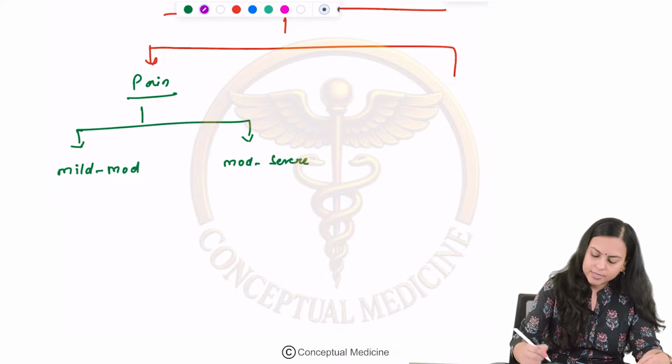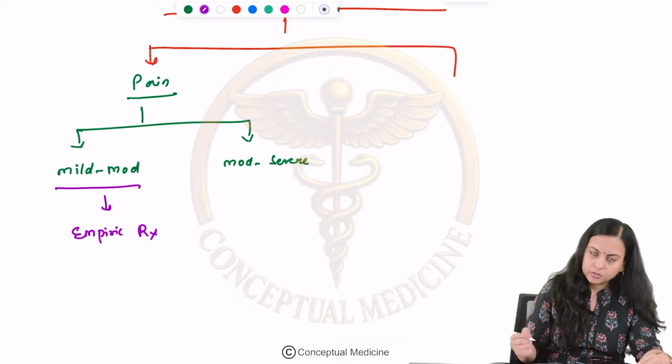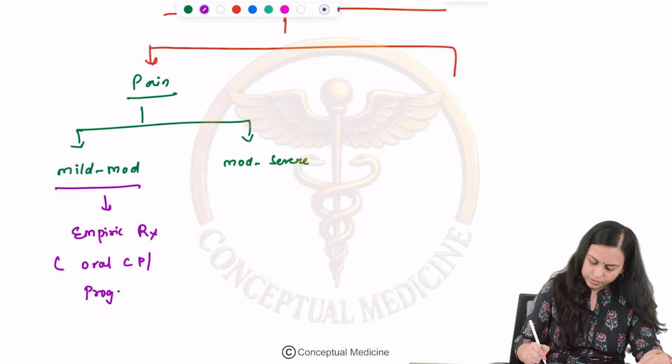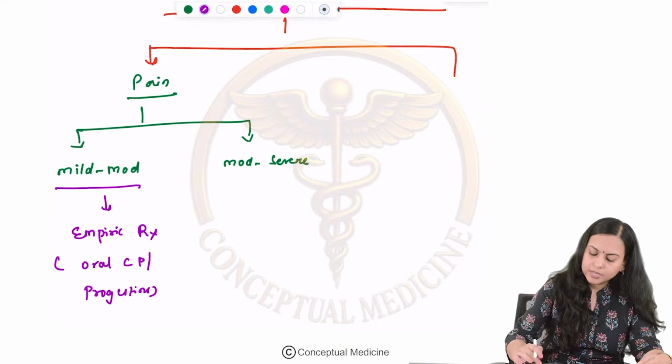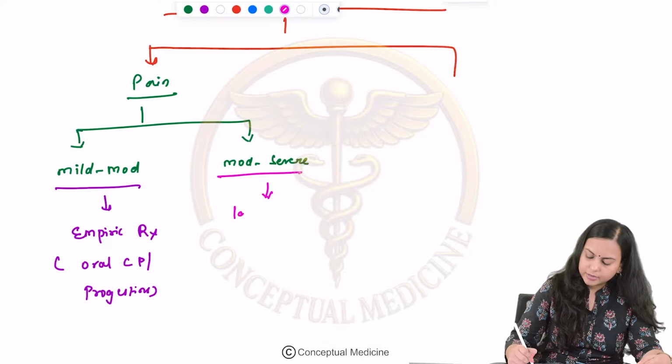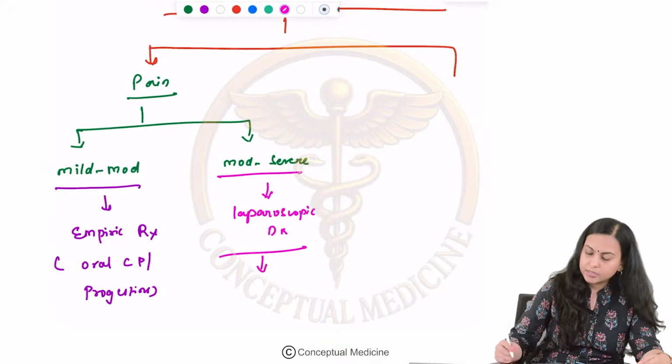Okay. When she has mild to moderate pain only, then you can consider empiric treatment by giving oral contraceptive pills or progestins.